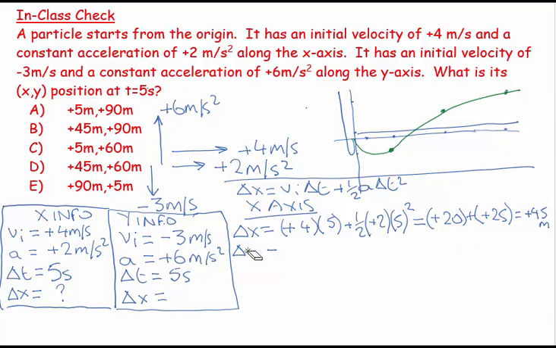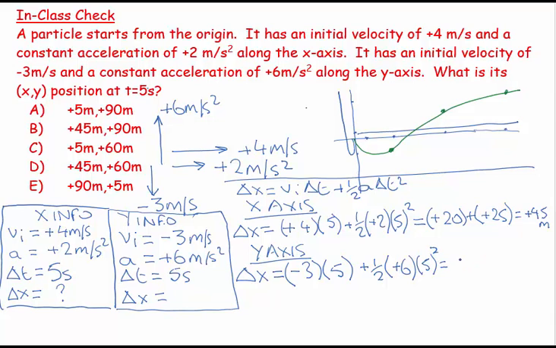And then for my y-axis, looking at the right-hand column, same equation: delta x is equal to vi, which is minus 3, times t, which is 5, plus 1/2 times a, which is plus 6, times 5 squared.